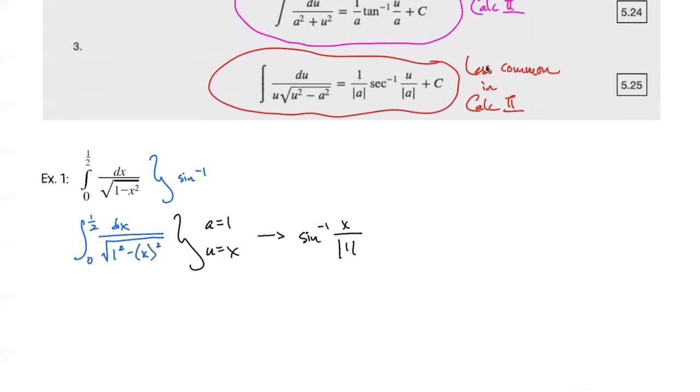And if we clean this up a little bit, we'll just notice this is the inverse sine of x. All right, so that's the first part. When I take that antiderivative, I'm going to get inverse sine of x.